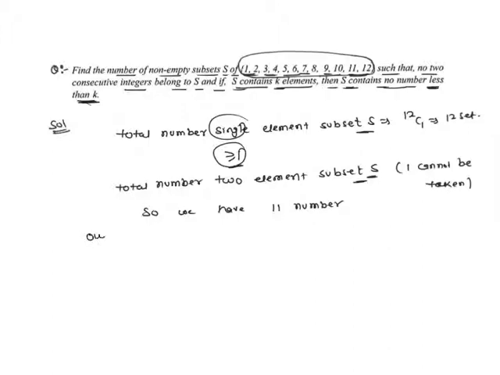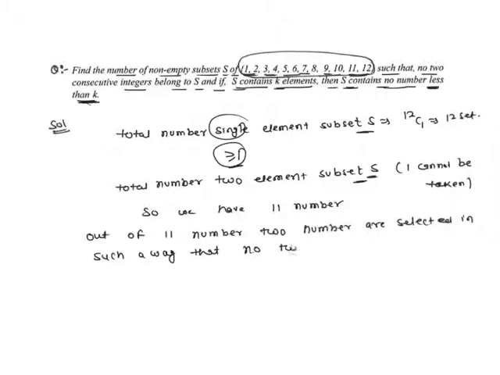Now out of 11 numbers, 2 numbers are selected in such a way that no two consecutive integers belong to S. So this we can do.